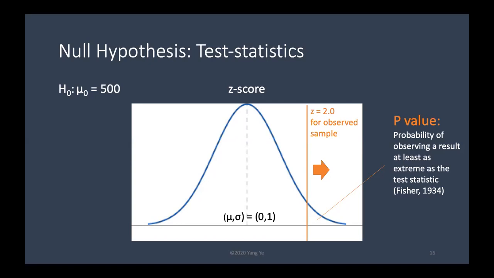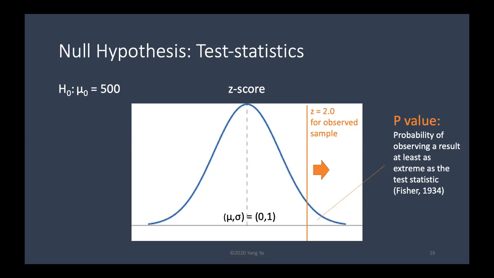And Fisher actually stopped there. So according to Fisher, if you know Fisher, he's the guy that proposed the NHST paradigm. But in his original definition, that's exactly how he defined p-value. It's according to null hypothesis. So any mentioning of the p-value is under the assumption that null hypothesis is true.